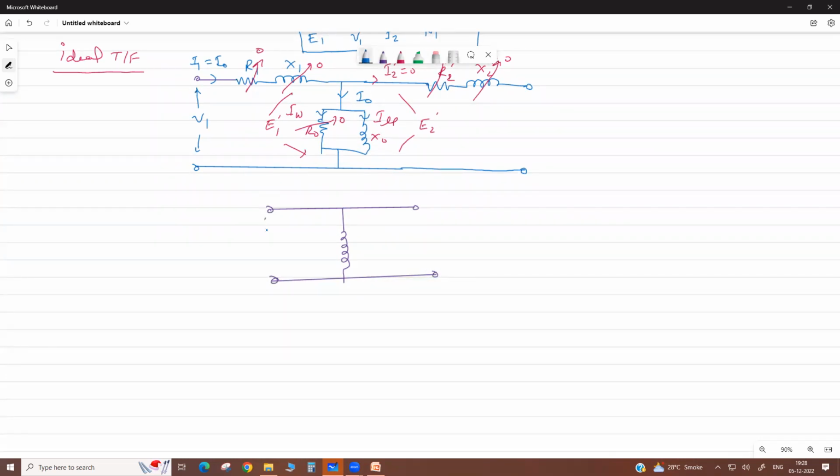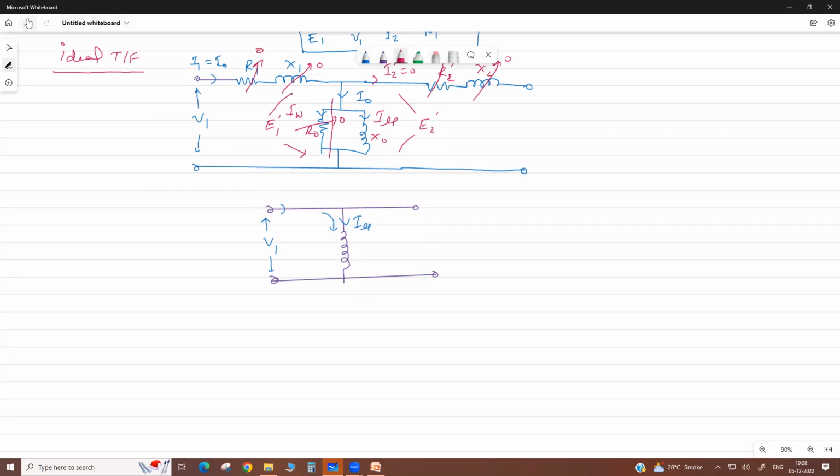So when you apply voltage here, it is at no load. That's why this current is only the magnetizing current, because this branch is not there, only this.